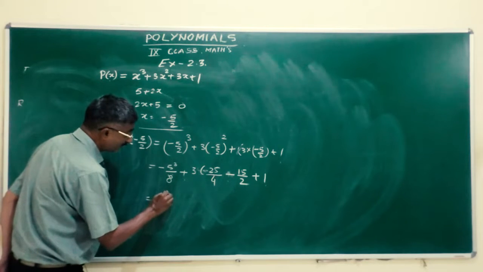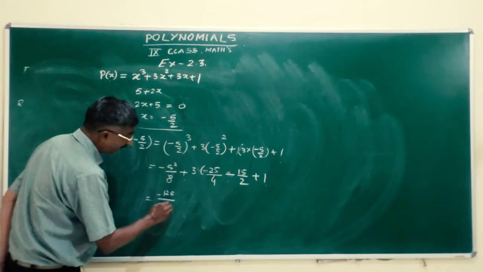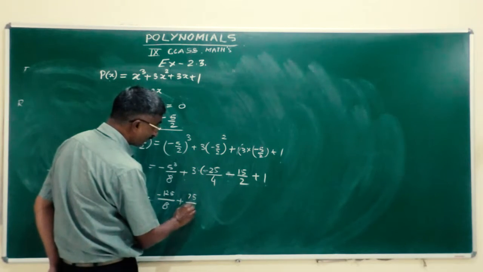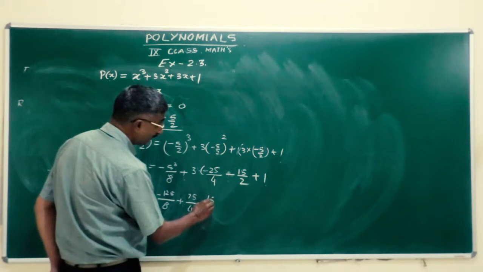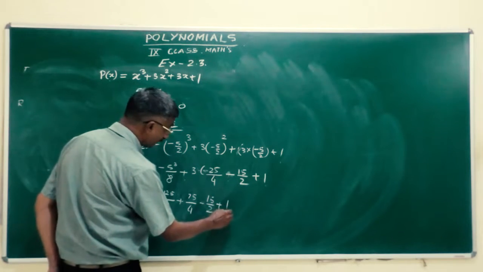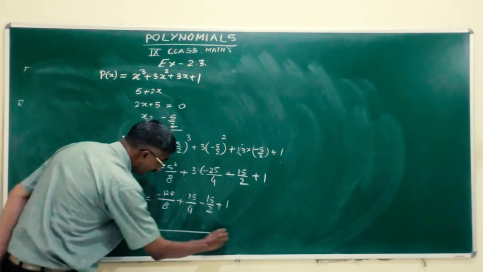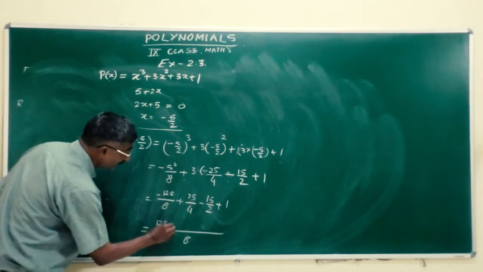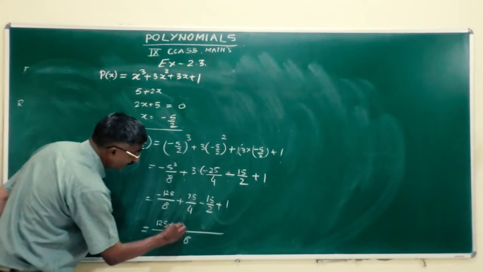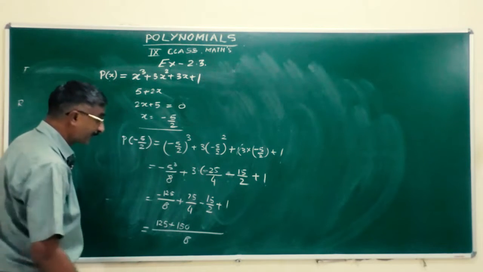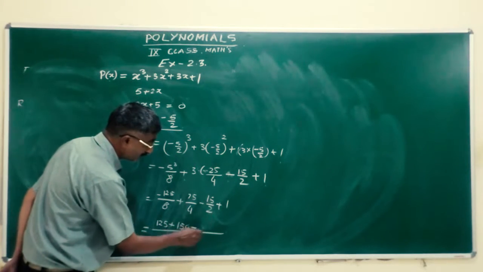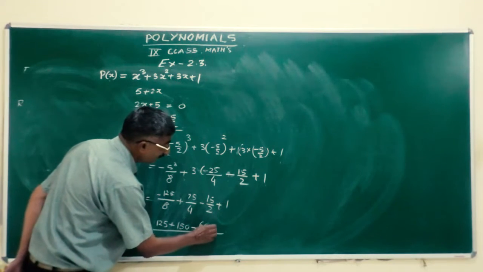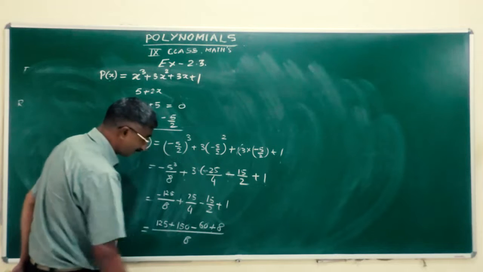So, minus 125 upon 8 plus 75 upon 4 minus 15 upon 2 plus 1. LCM is again 8. So, this is minus 125 plus 150 minus 60 plus 8.